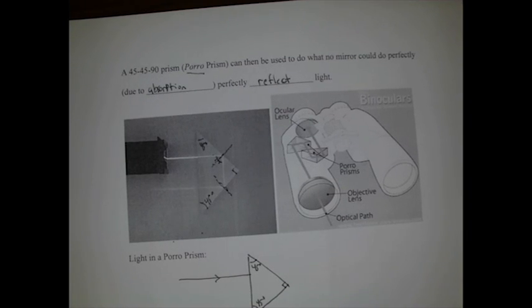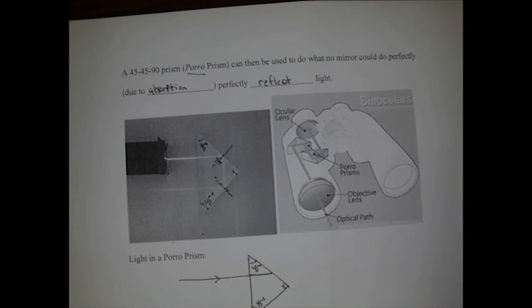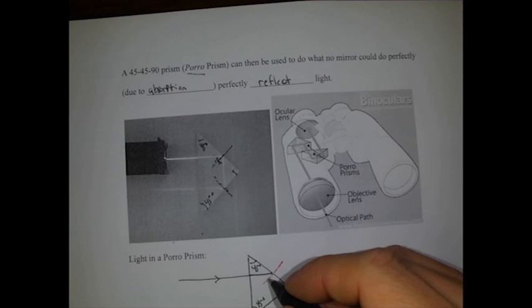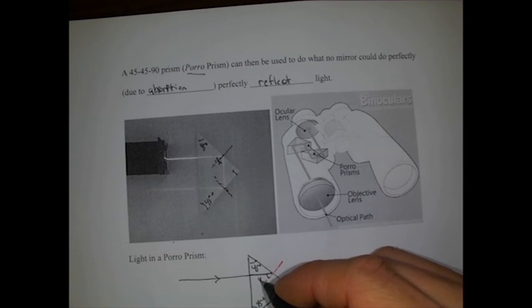So here comes the incident ray, it hits the medium, it slows down, and keeps going in a straight line because it strikes it straight on. And if we look at the geometry of this triangle, this angle here is 45 degrees.